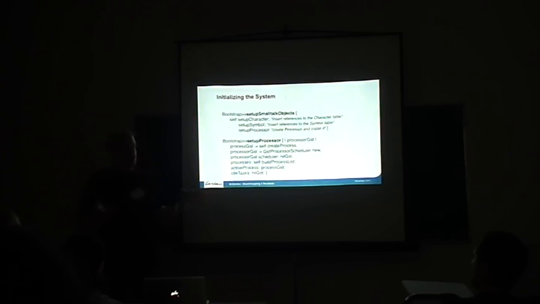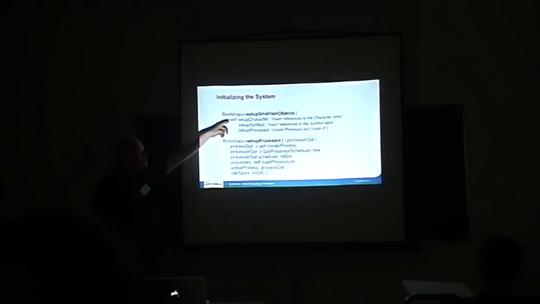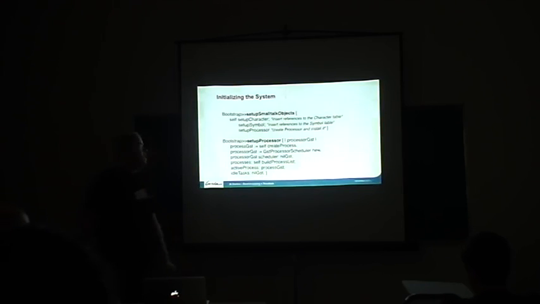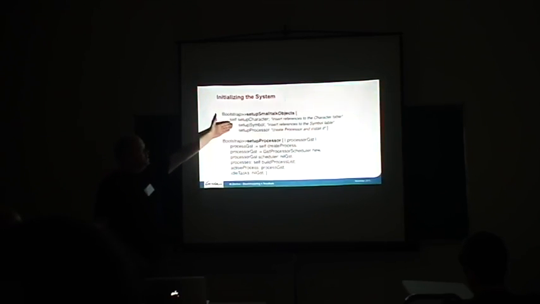Because the normal way that the Smalltalk system starts is that it is stopped with a program counter at some place, and when it comes up, it just continues executing that method. So you need to set up all these things correctly. And this is part of it, so that you need a character table, and this is for Blue Smalltalk, and I'm not really an expert in Blue Smalltalk, so I don't really know the real details here. But you need to set up the objects that you need for execution. So in this case, it's the characters, the symbols, and the first process that we want.